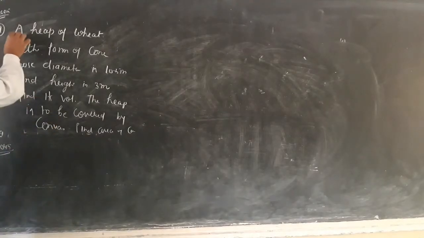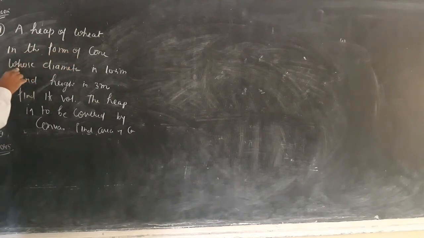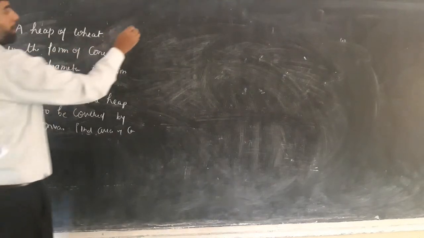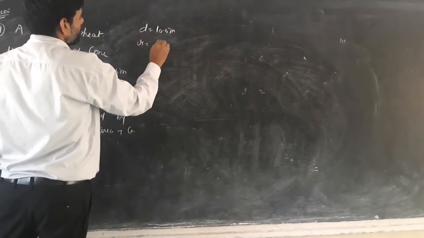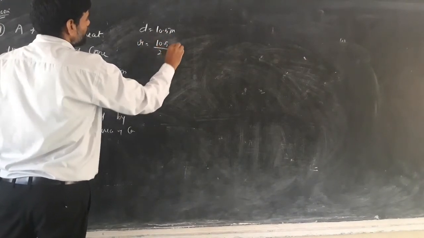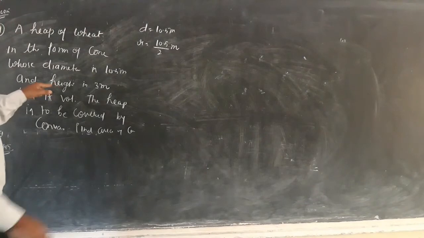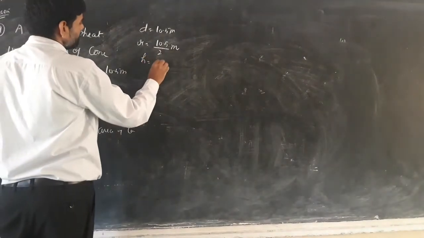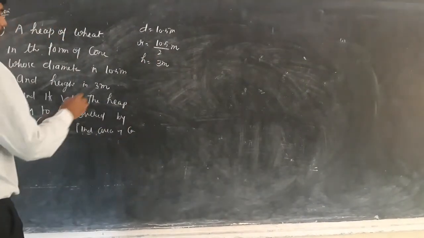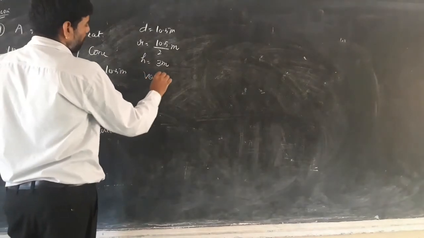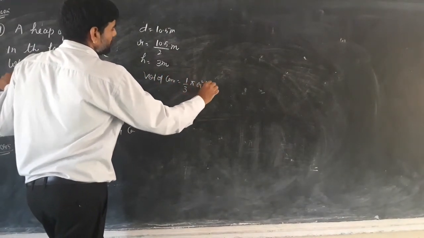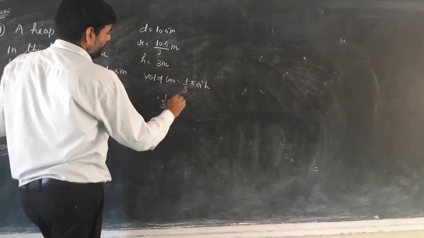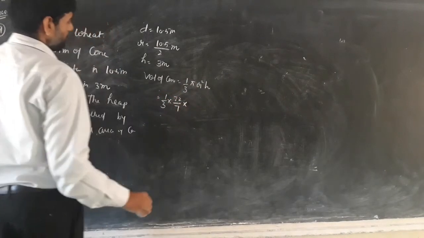A heap of wheat in the form of a cone whose diameter is 10.5 meter. So radius is equal to 10.5 upon 2 meter, and height is 3 meter. Find the volume of it. The volume of cone is equal to 1 by 3 pi r square h. The value of pi is 22 upon 7.